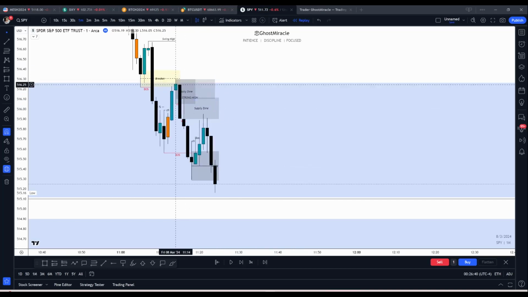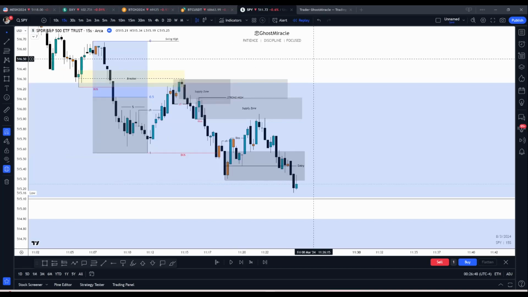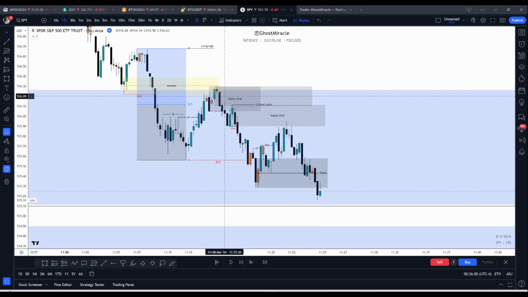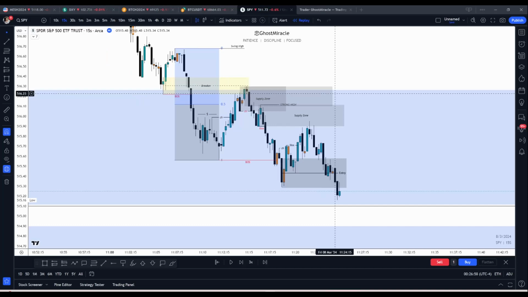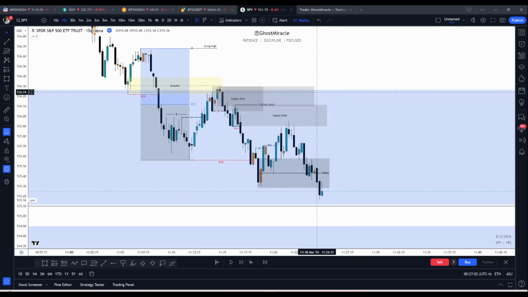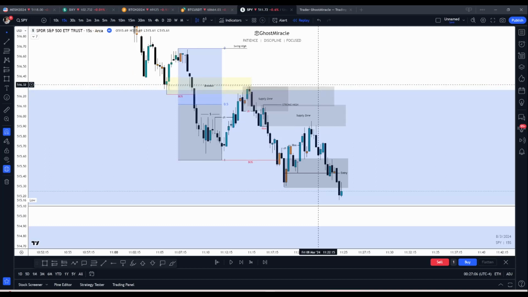All right, yeah. So like M1, for instance, it mitigated this order block here. So it's already been mitigated, is what I'm trying to say. So expecting price to come back into this zone, you would expect it to fail, right?